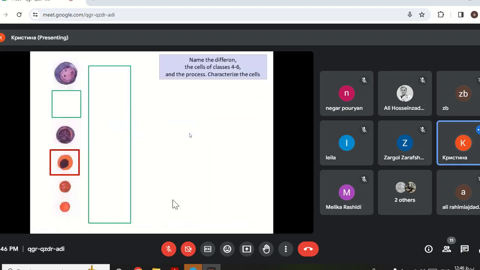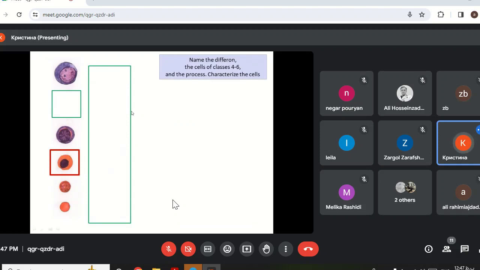During the quiz, you should be able to name the differon, all the components of the differon, and the characterization of the process. It means that, for example, I show you this picture and I ask you which differon is shown here. Your answer should be that this is the differon of erythrocytes.